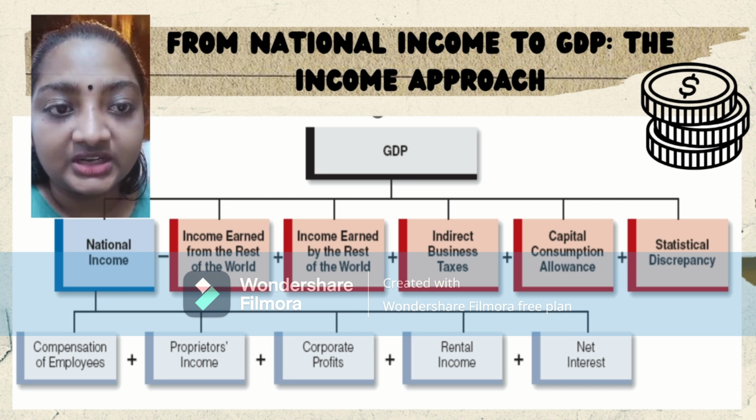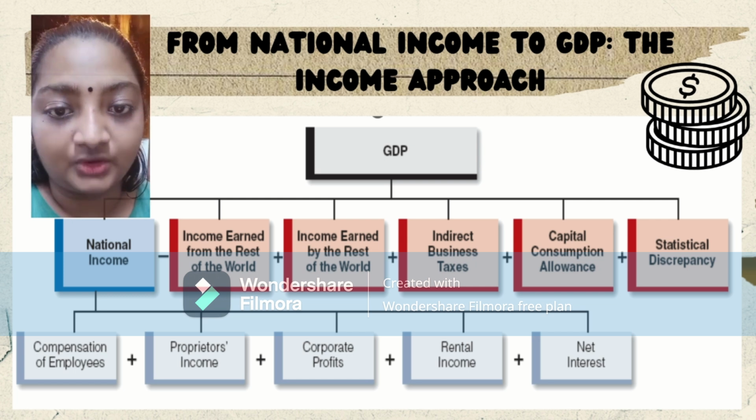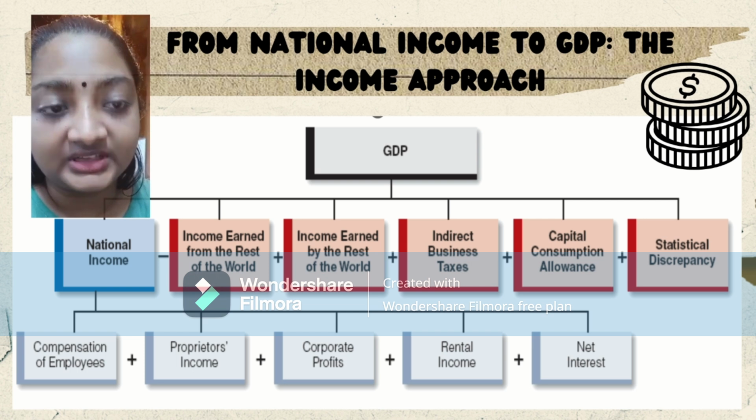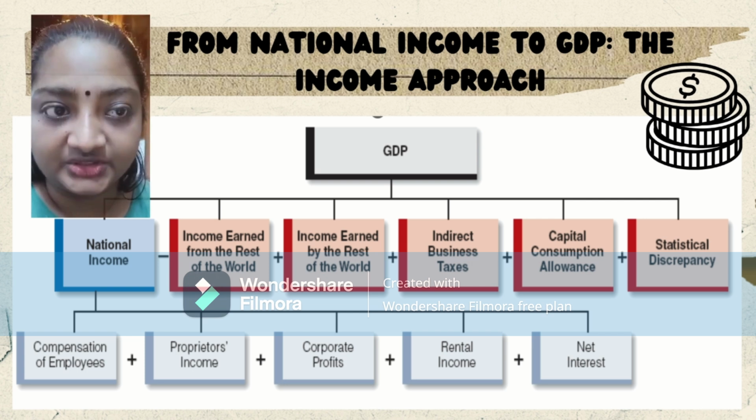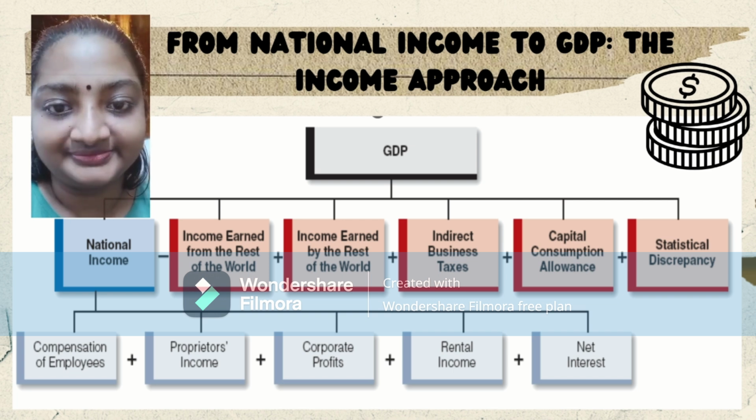In national income, there are 5 components: the compensation of employees, proprietor's income, corporate profit, rental income, and also the net interest. This is the formula for how we calculate the GDP using the income approach.